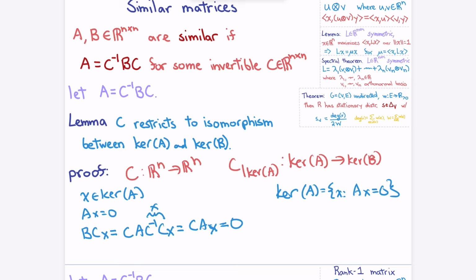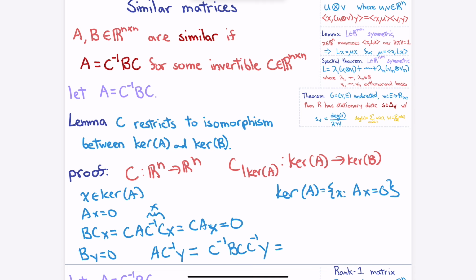Something like this. And if I had BY is equal to 0, well, you can imagine doing something similar, right? A C minus 1y is equal to, you're going to tell me that I'm wrong, but like that.